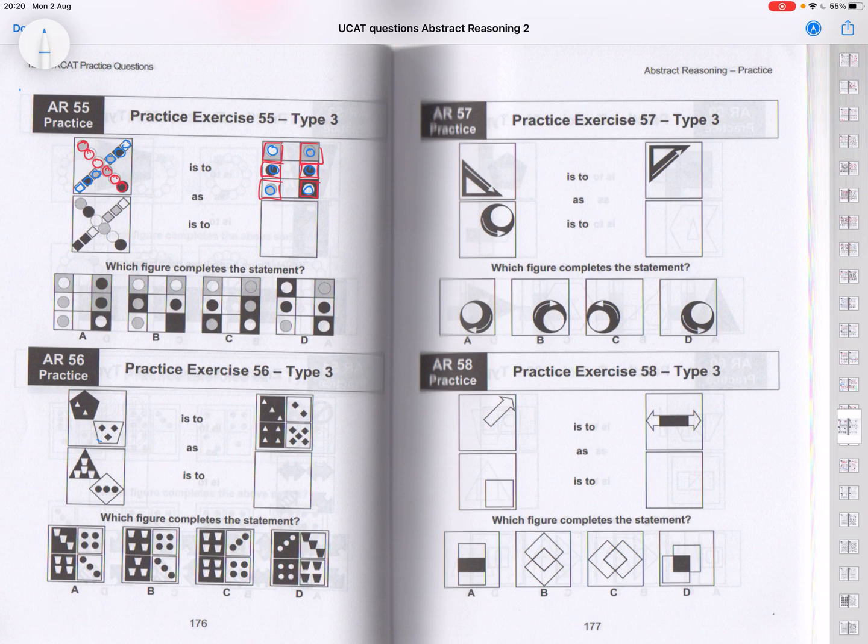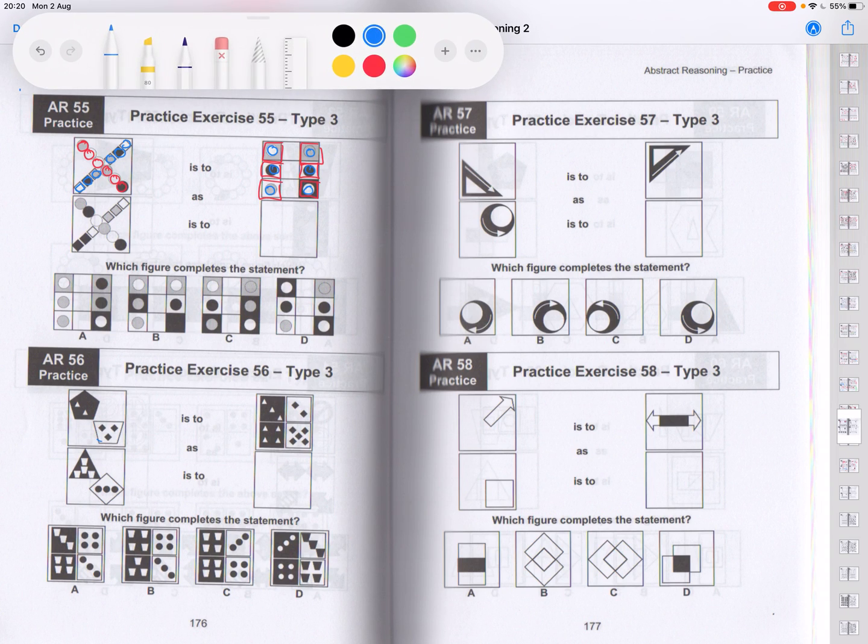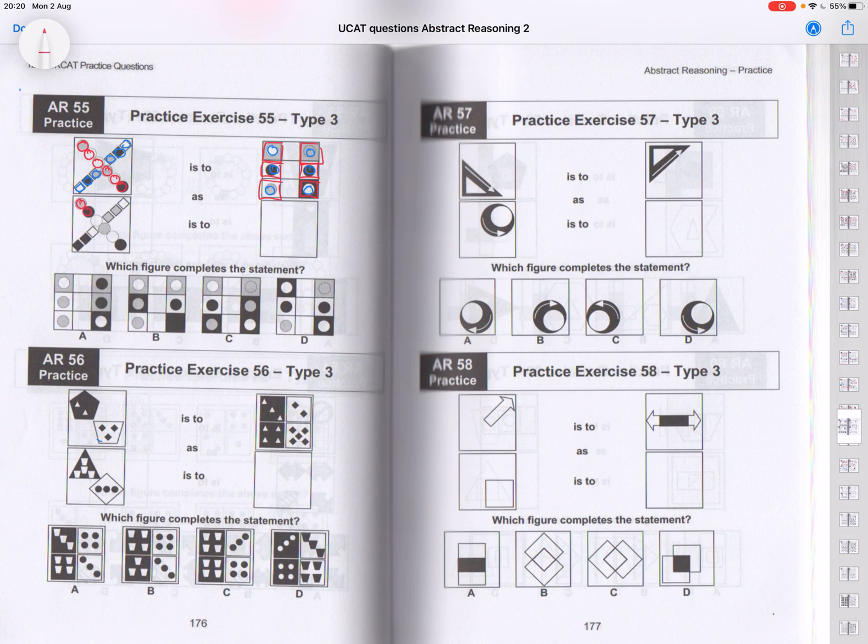So in our example here, we should have squares that are coloured grey, black, white, grey, white, black, and we should have circles that are coloured black, black, white, grey, grey, white.